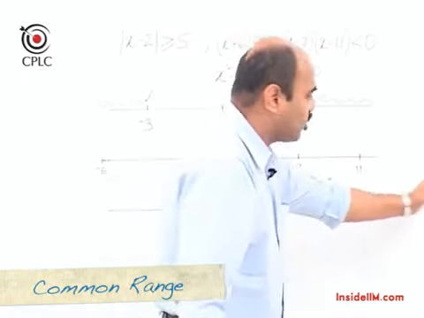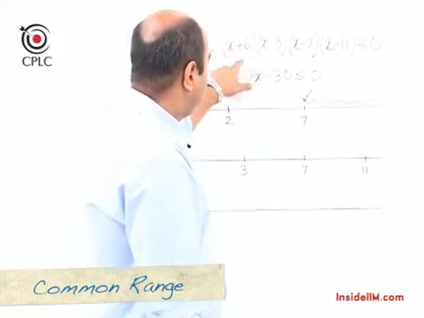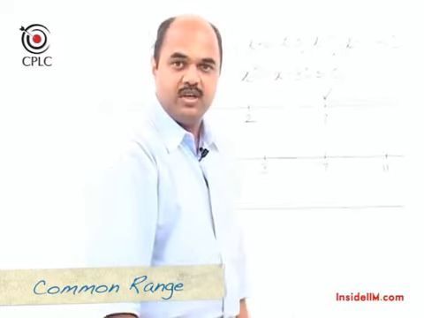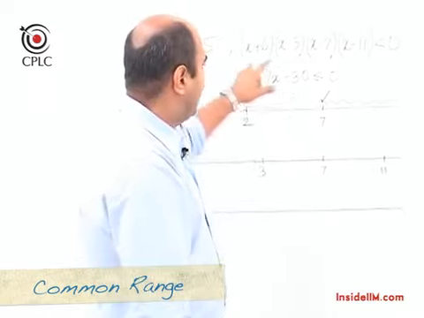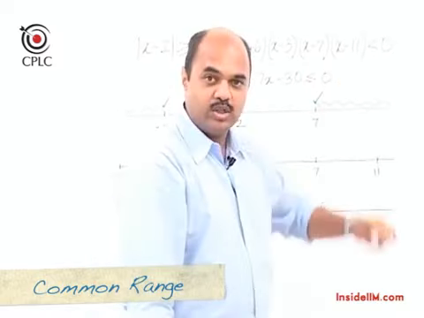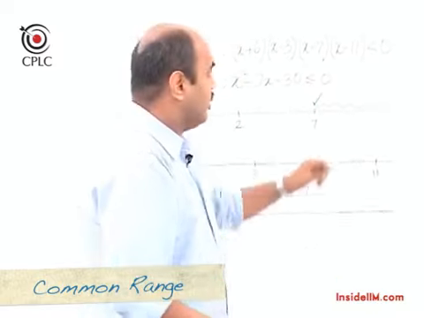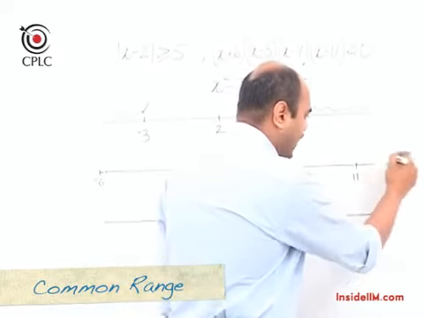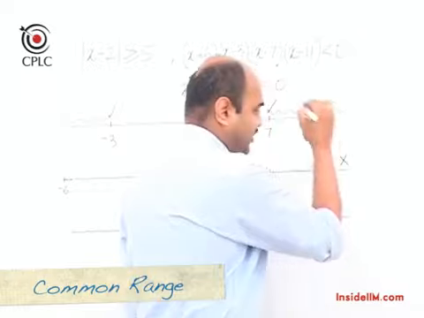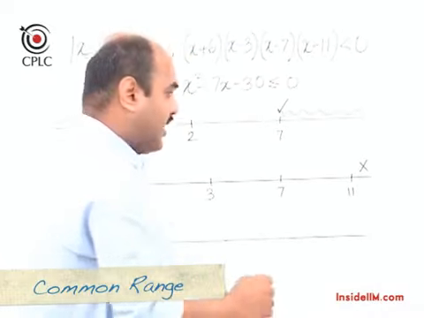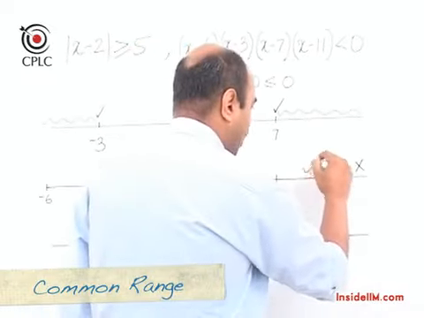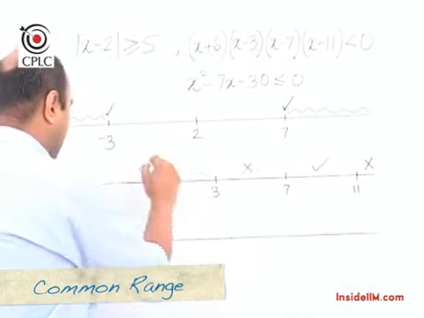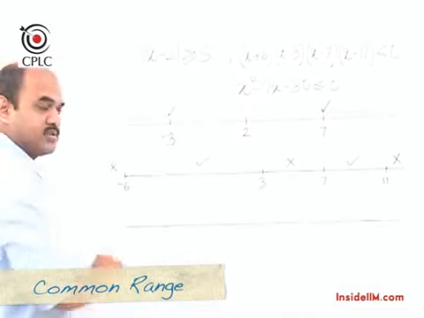If x is more than 11, every bracket here is going to be a positive number, and hence the overall product is also going to be a positive number, which means the inequation is not satisfied if x is greater than 11, so we put a cross, and hence we move to the left by alternately putting a tick and a cross.